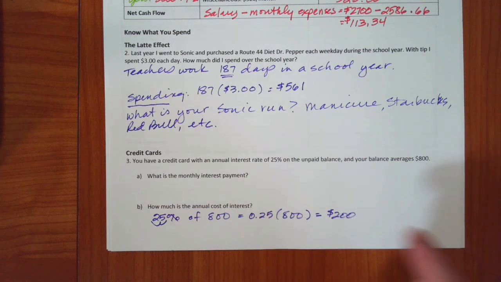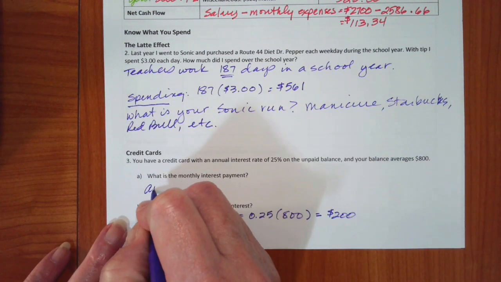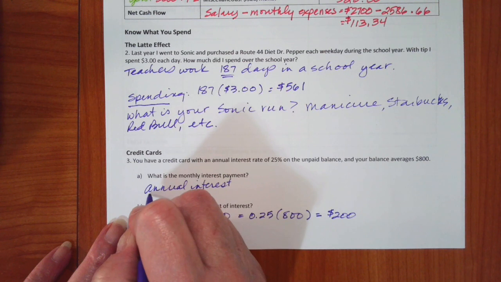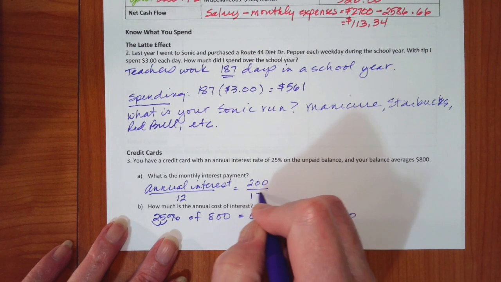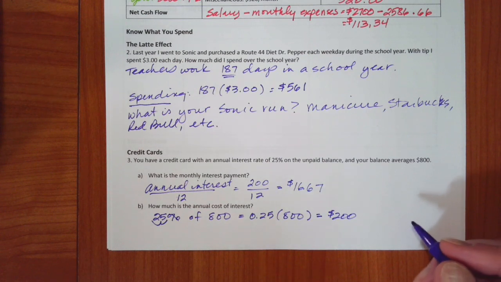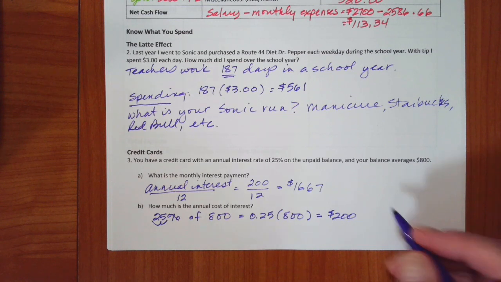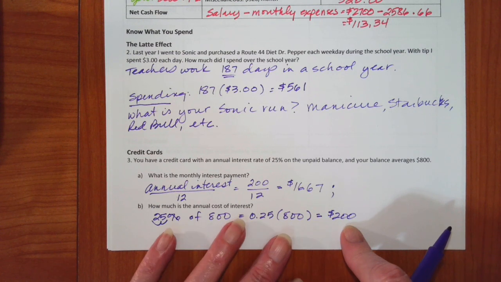So what is the monthly interest payment? Well, there are a couple of ways we can do that. We can take the annual interest divided by 12. That gives us $200 divided by 12, which comes out to $16.67. That's because we calculated the annual interest first.